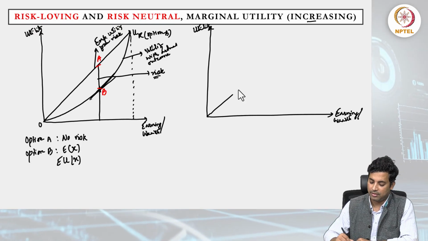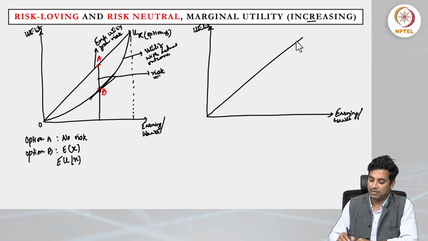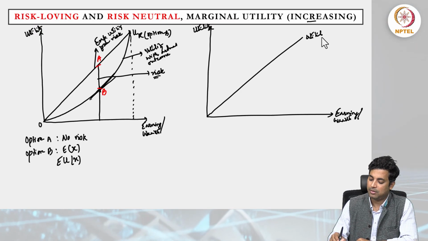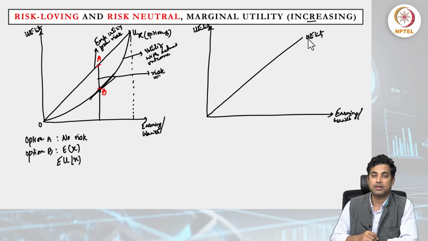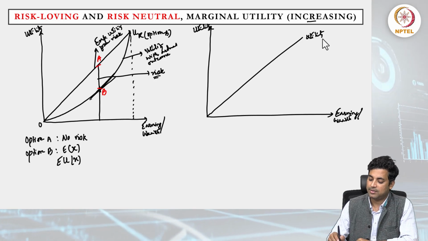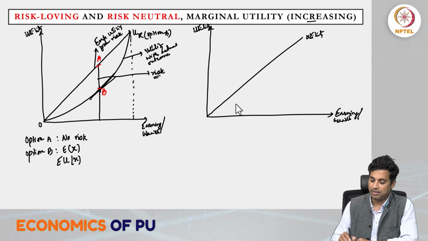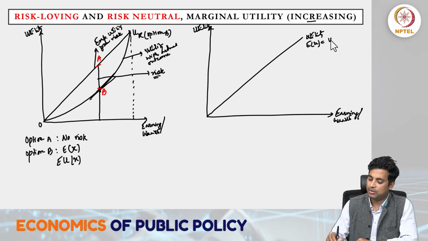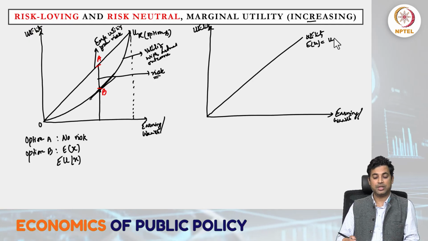And here the straight line is the utility curve, where expected utility equals total utility or actual utility.